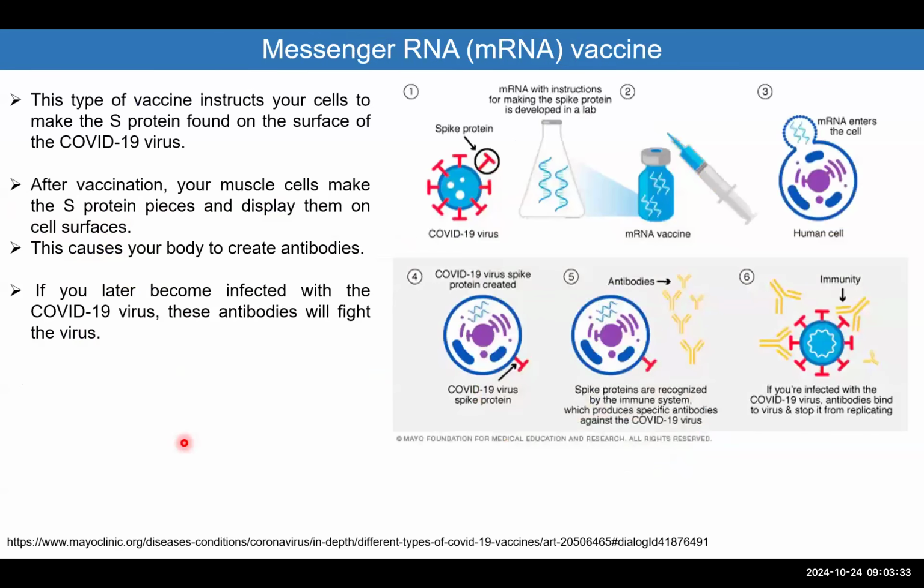Okay, so let's discuss a few words about the messenger RNA vaccine. I don't know how much you know about how vaccines are generated, but in order to generate a vaccine, you have to identify a specific protein that identifies a particular virus.